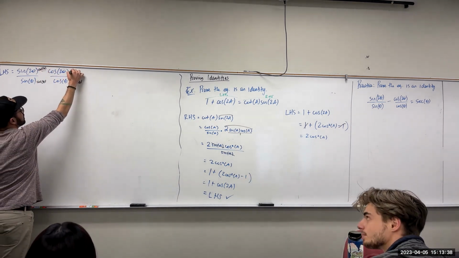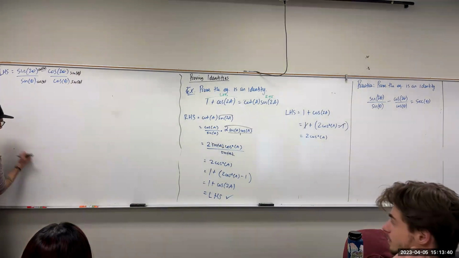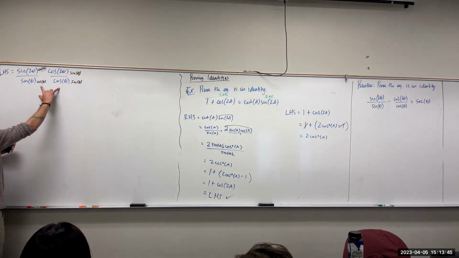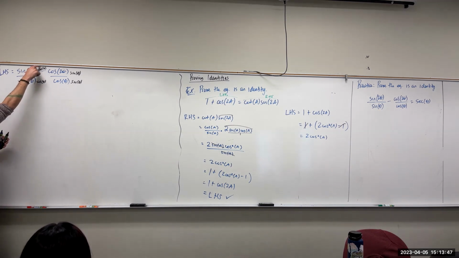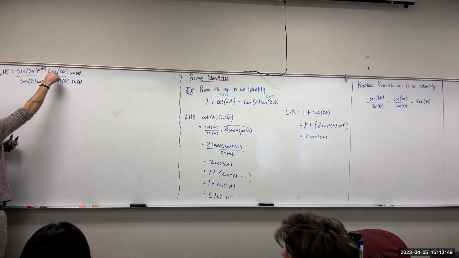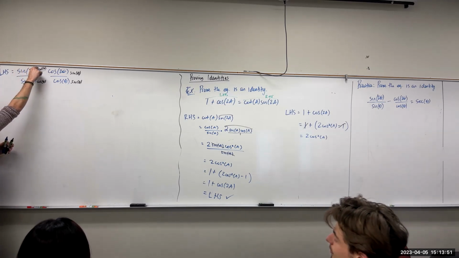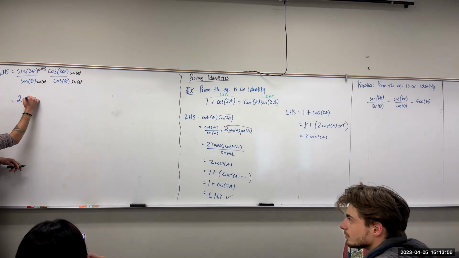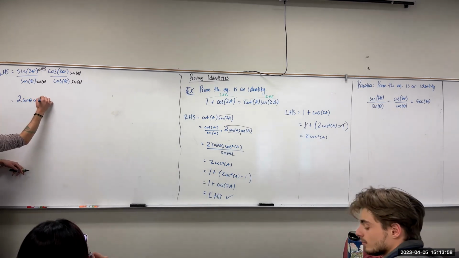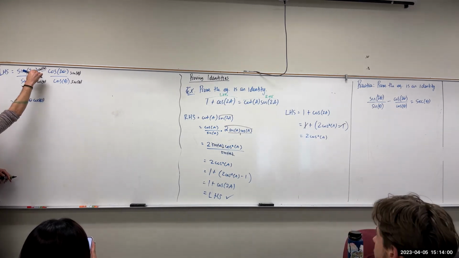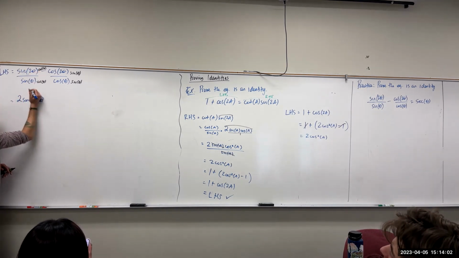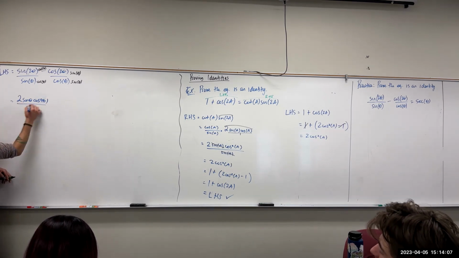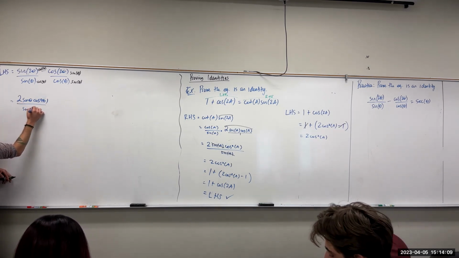Now you have a common denominator. Then this minus this: you get sine 2 theta, so that's 2 sine theta cosine theta times another cosine theta, which is cosine squared theta, all over sine theta cosine theta.